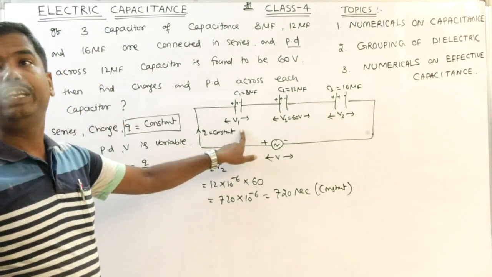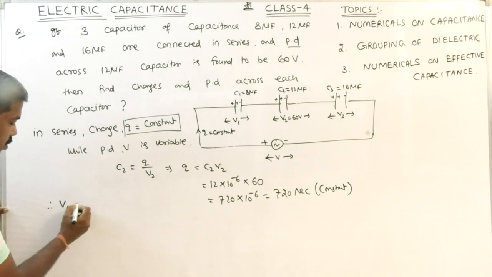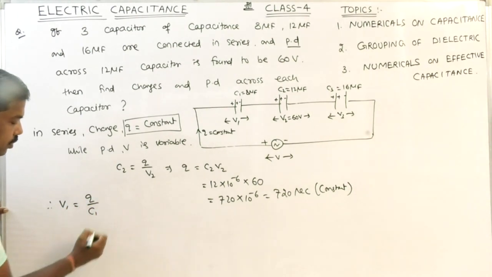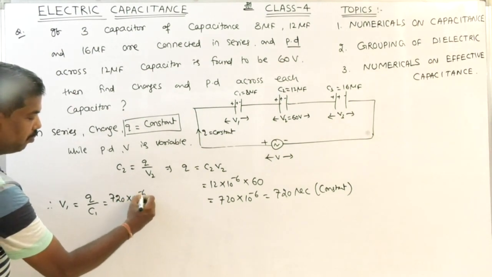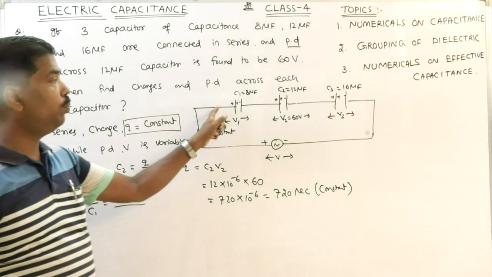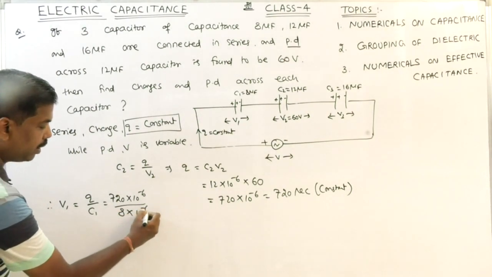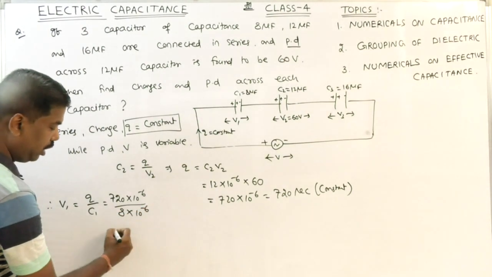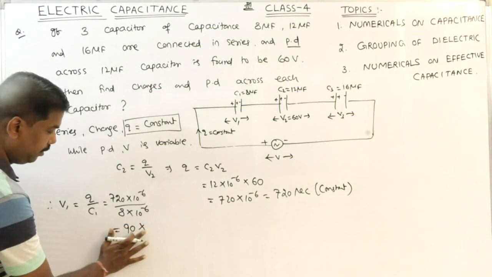Now we need V1. Therefore, V1 is equal to Q by C1. Q is found to be 720 microcoulomb and C1 is 8 microfarad, that is 8 into 10 to the power minus 6. How much? 90.